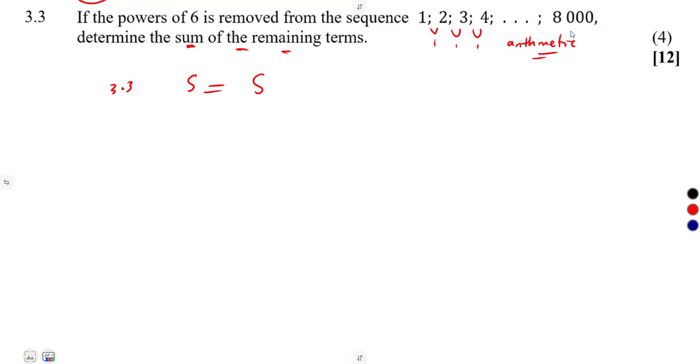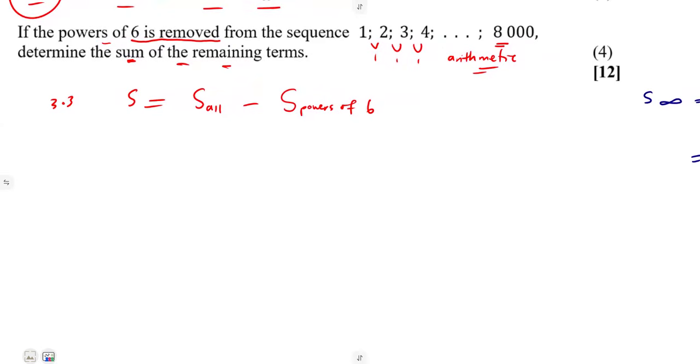They are counting 1, 2, 3, up to 8,000. All right, so let us take the sum of all terms here minus the sum of these ones that are being removed, the ones for powers of 6. The sum of powers of 6. All right, so this is what we are going to actually have.